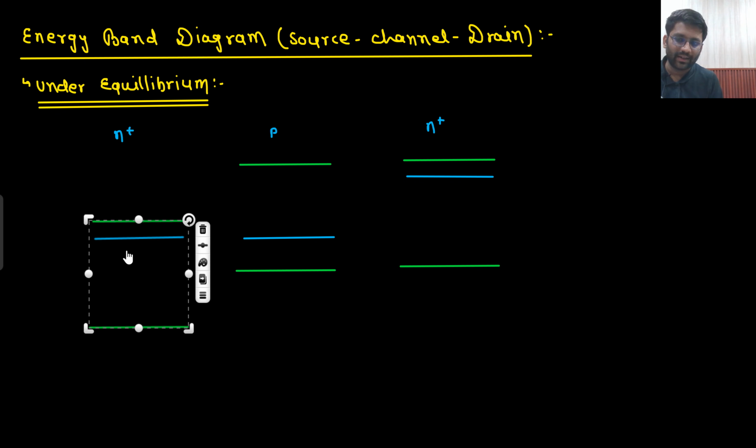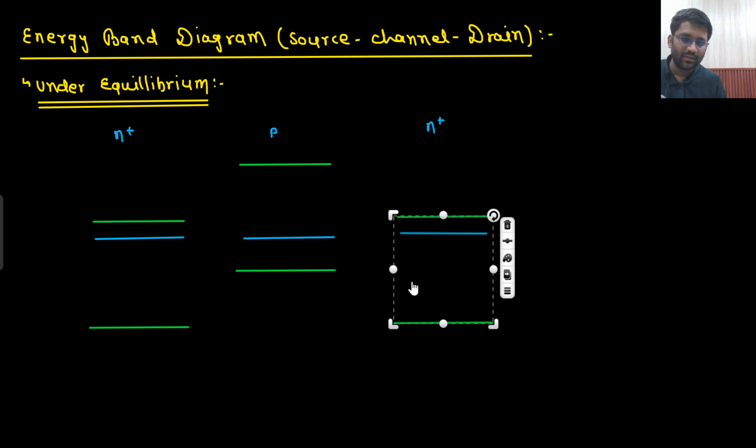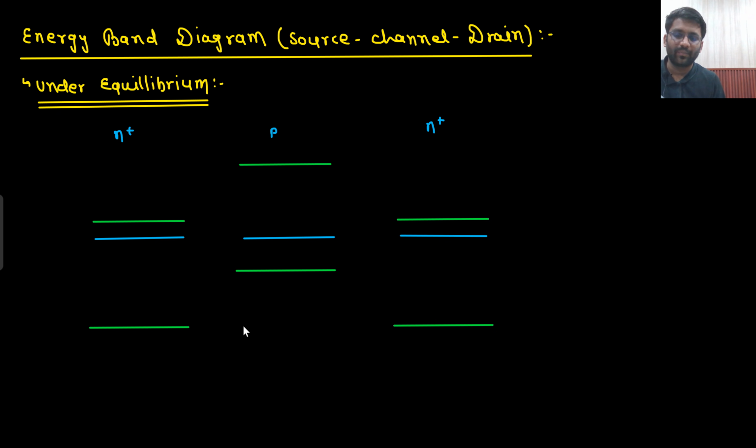These bands will be inclining, and the Fermi level will become a single level. Drift and diffusion perfectly cancel out each other, zero current.